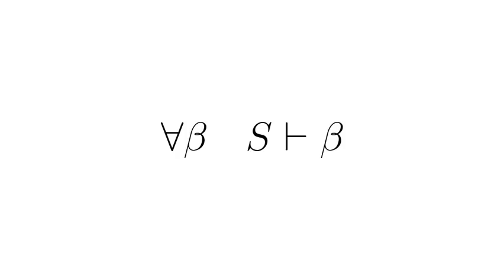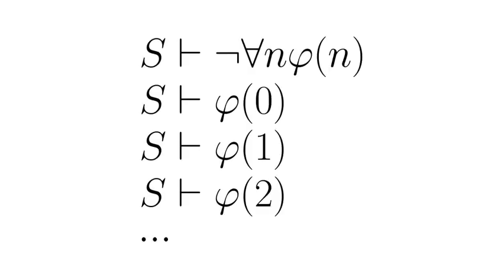The second thing that you would like is for your system to be omega consistent. A system that is not omega consistent is one that can prove both that a property doesn't hold for all objects, and at the same time, for every single object, you can prove the property holds.